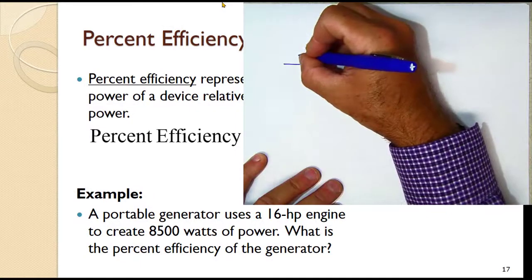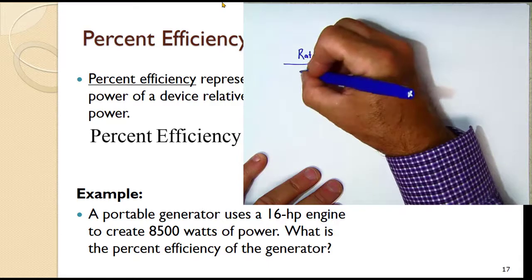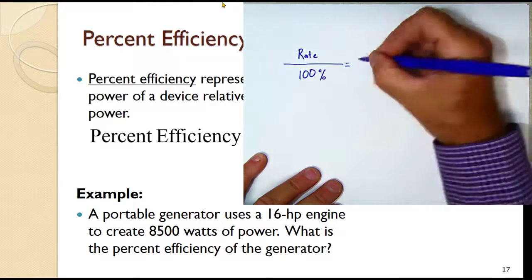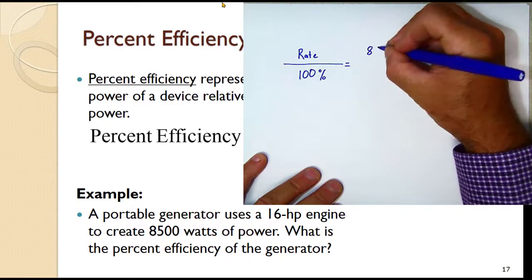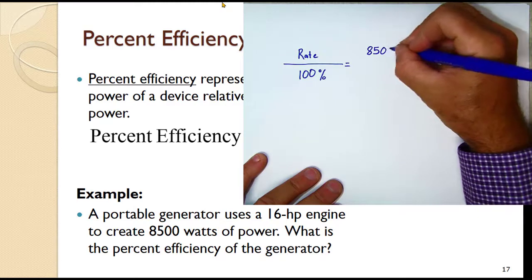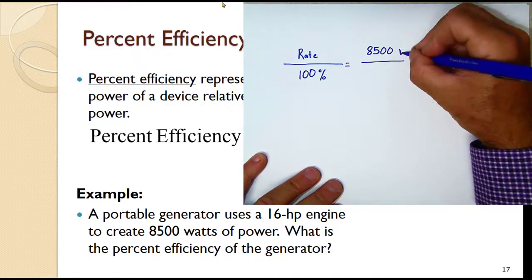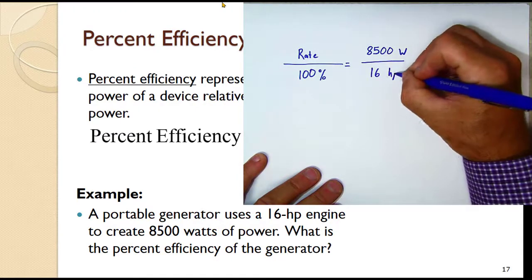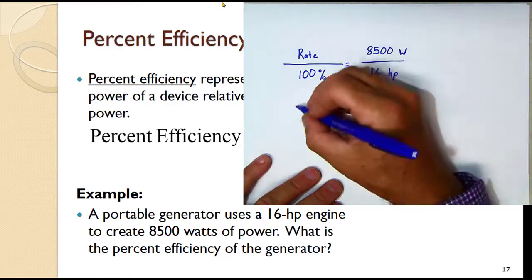Now once again, I want to take one more look at that in a different way, and that is this. Our rate is what we're trying to find here, since the question is what percentage. R over 100 is the amount over our base. So the amount that we're getting out, remember the base is what we started with, and we're starting with 16 horsepower. So we're going to get 8,500 watts out when we started with 16 horsepower. Now here again, these units don't cancel and we need them to.